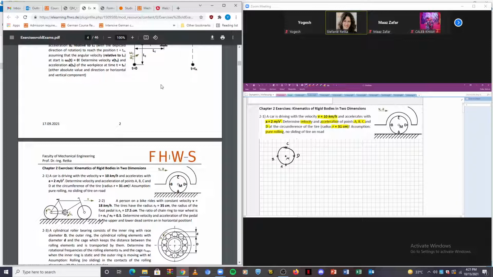If that is our velocity pole, the velocity is 0.